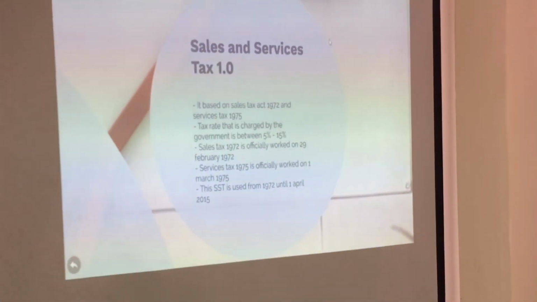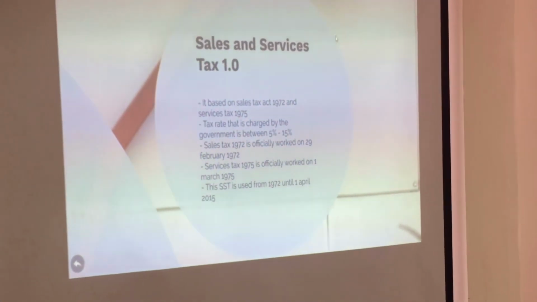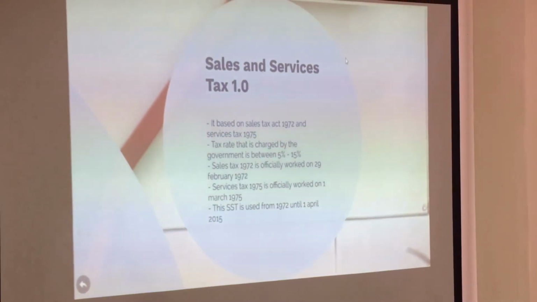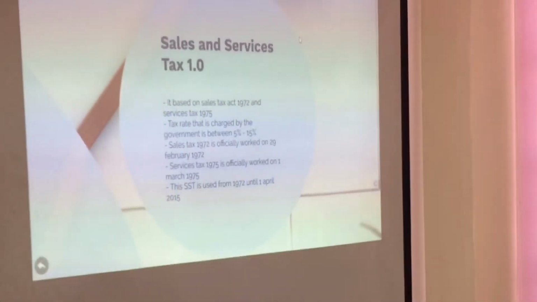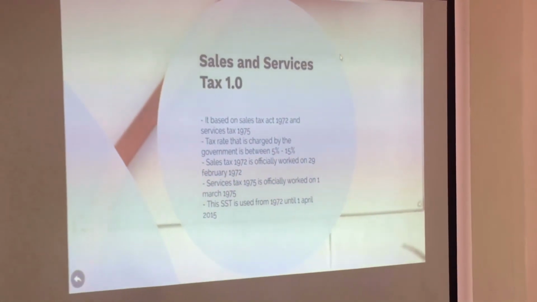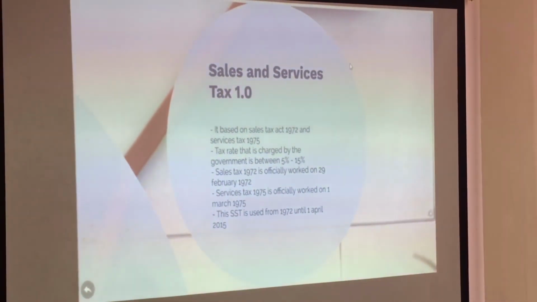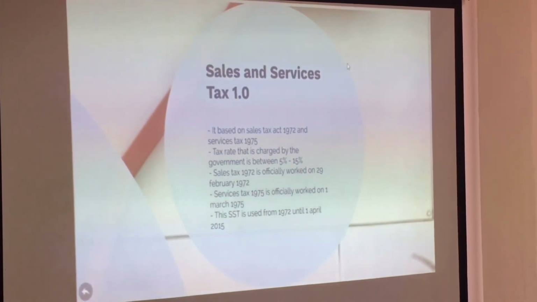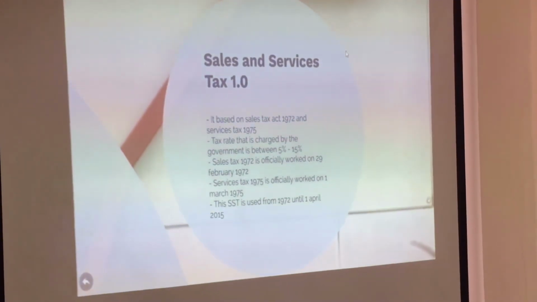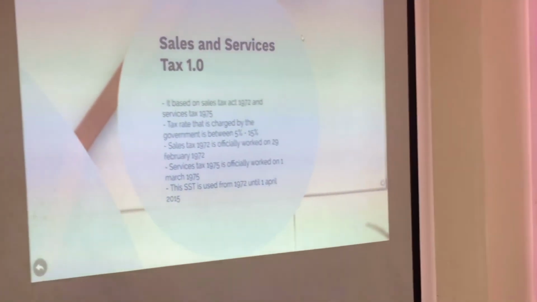The tax rate charged by the government is between 5% and 15%. The sales tax 1972 officially took effect on 29 February 1972 and the service tax 1975 officially took effect on 1 March 1975. So Sales and Service Tax 1.0 was used from 1972 until 1 April 2015.